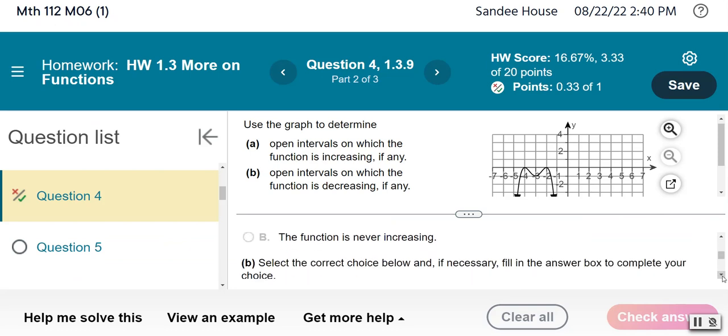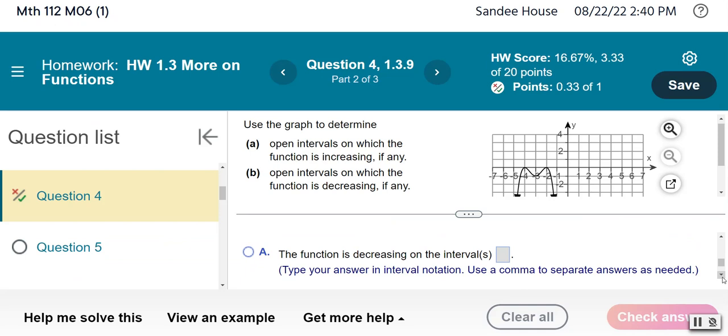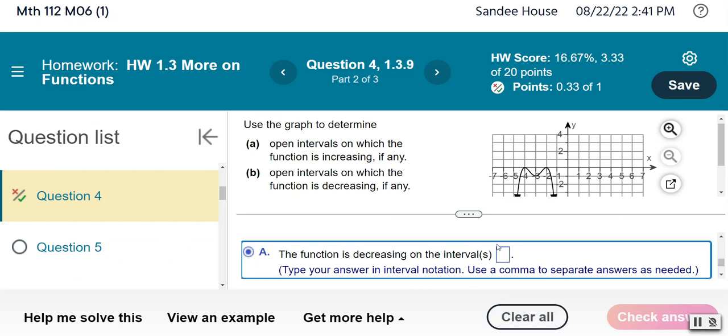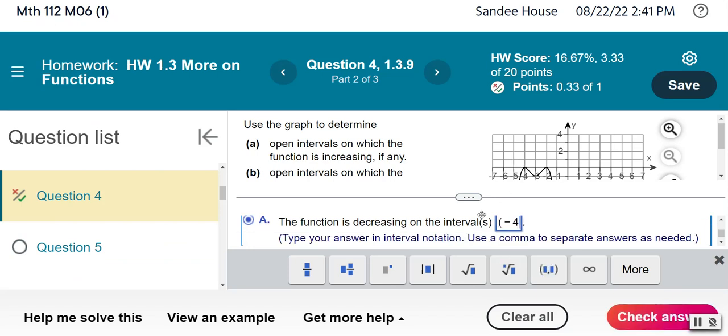Okay, I had a little technical issue there, but let's look at what the answers are. The function is decreasing on the interval from -4 to -3, comma, -2 to infinity.